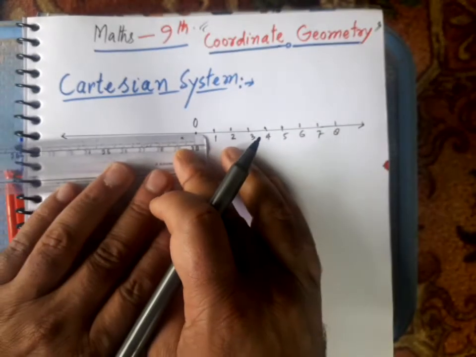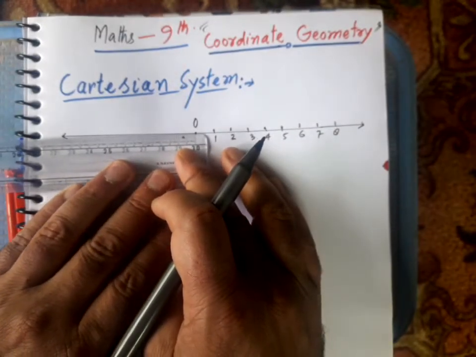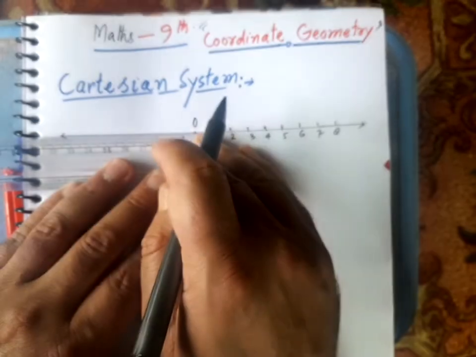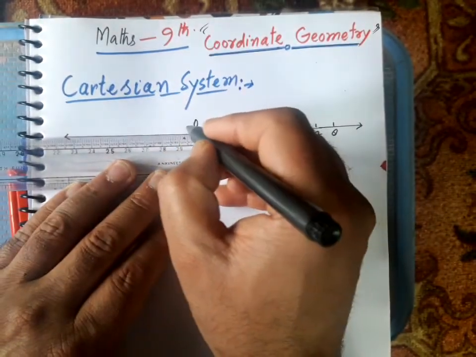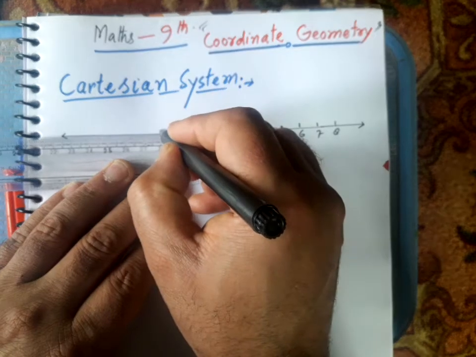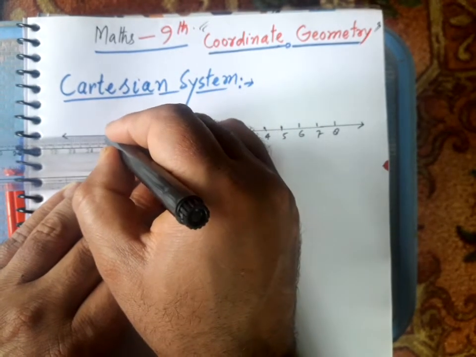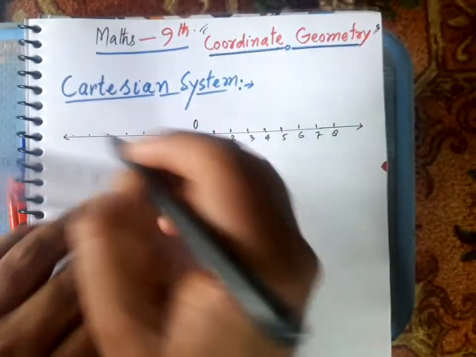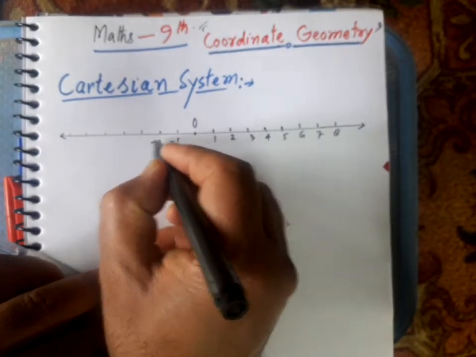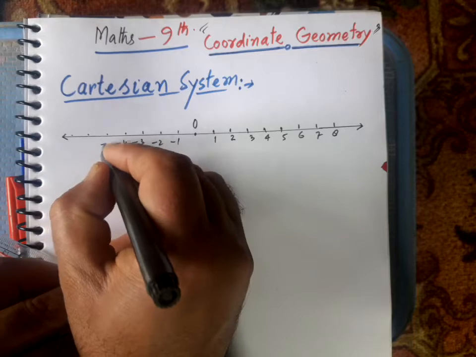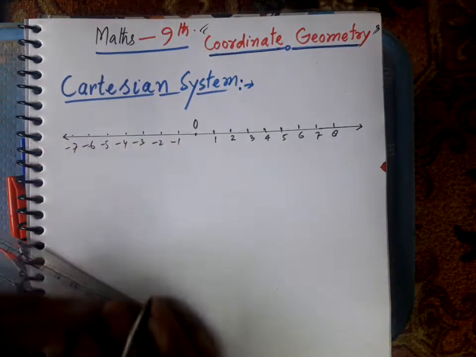Similarly, we can mark the equidistant pointers negatively on the other side, that is on the left hand side, and mark them as negative numbers: -1, -2, -3, -4, -5, -6 and -7 and so on.